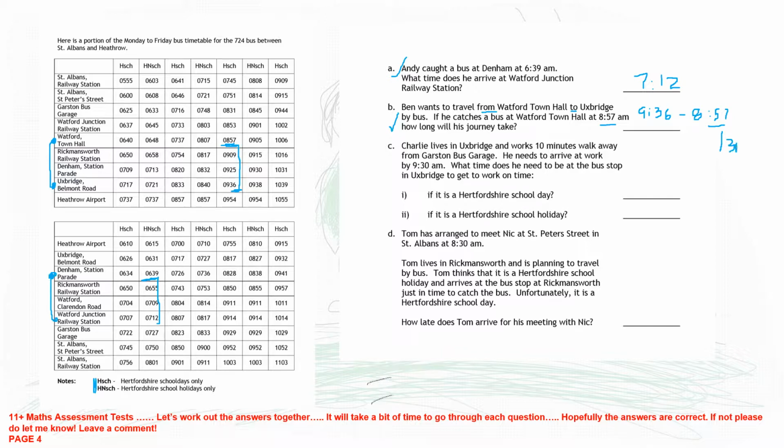it is 3 minutes to 9, and then 9 to 9:36 is 36 minutes. So it will be 3 minutes plus 36 minutes, which is 39 minutes. Yes, 8:57 to 9 is 3 minutes, and then from 9 to 9:36 is 36 minutes.